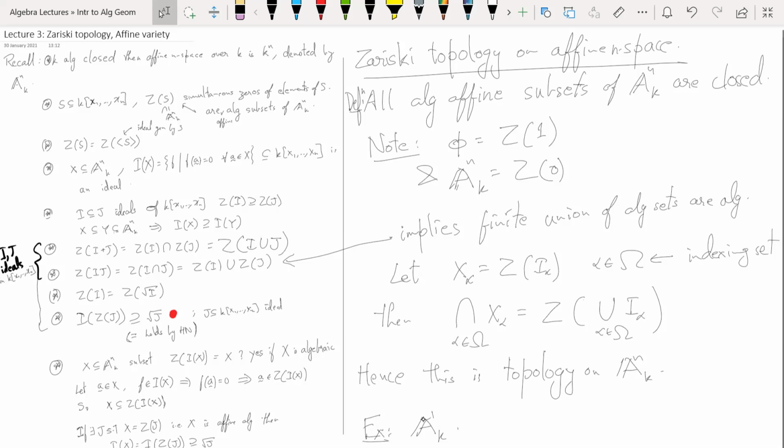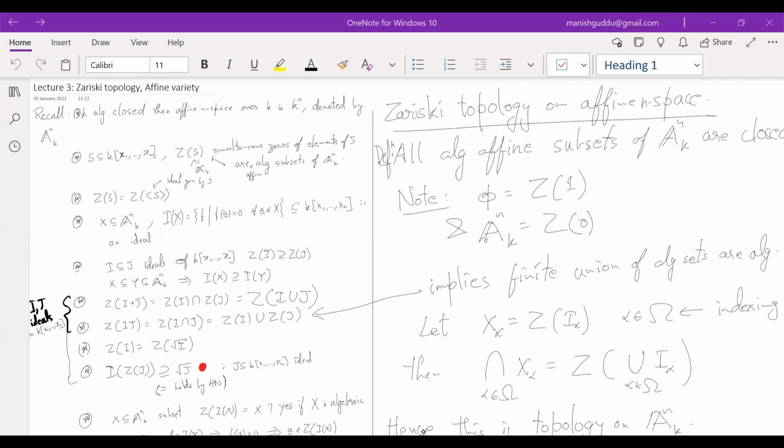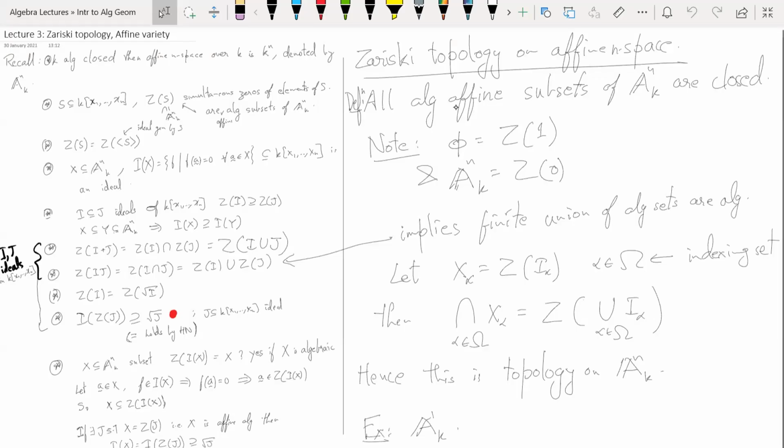If we were giving open sets, then we would have to check the empty set, the whole set, closed under arbitrary union and closed under finite intersection. But since we are declaring the closed sets, we have to check something slightly different. Everyone remembers the topology, right? It's not too far away.